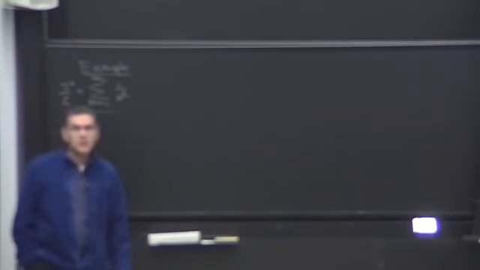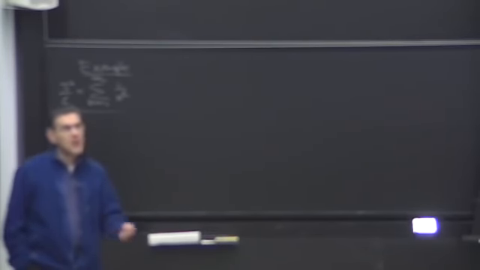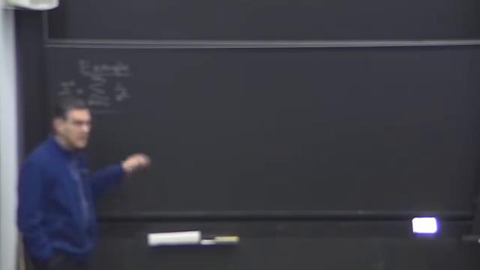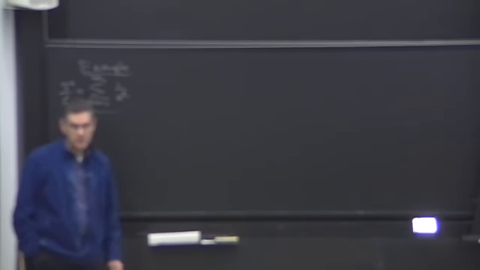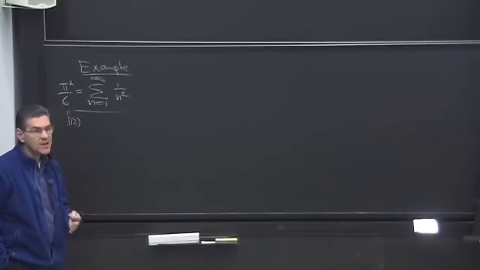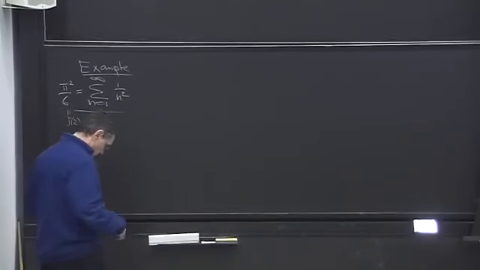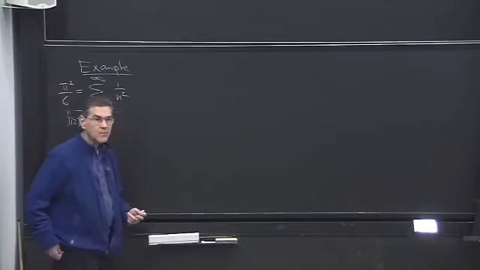The most naive thing you could do would be just to put this on a computer and start adding it up. How efficient is that? What's the error? And how fast does the error decay as n increases? So that's a very simple question.